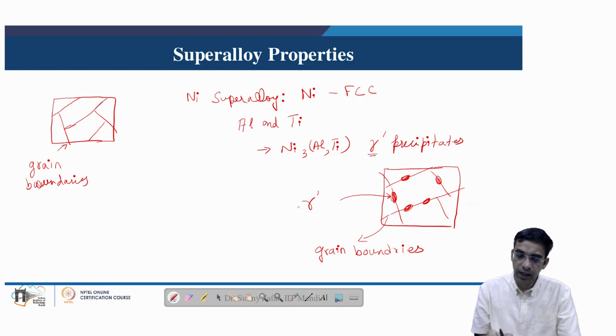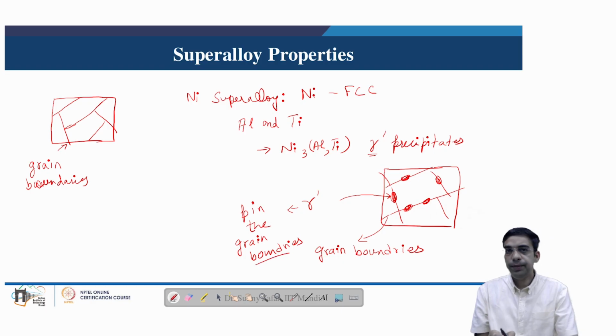So the presence of these gamma prime precipitates helps to pin the grain boundaries, and by pinning they impede the dislocation movement along these grain boundaries.